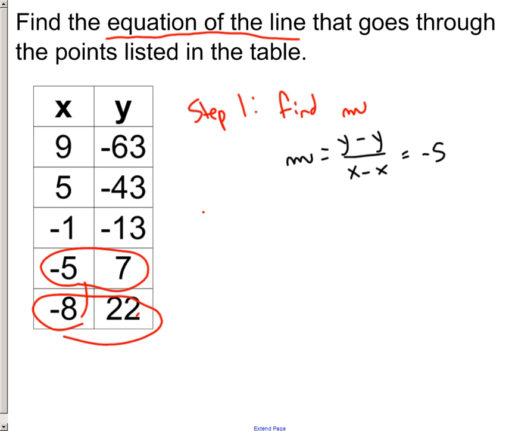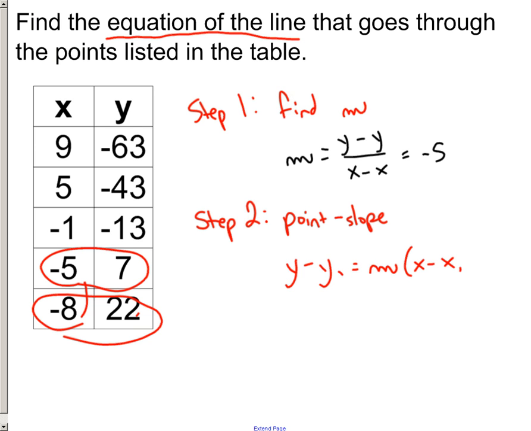The next thing that we need to do, I'm just going to call this step the point slope step because we're going to use that formula to plug in some data to help us find our y-intercept, okay? So y minus y1 equals slope times x minus x1.